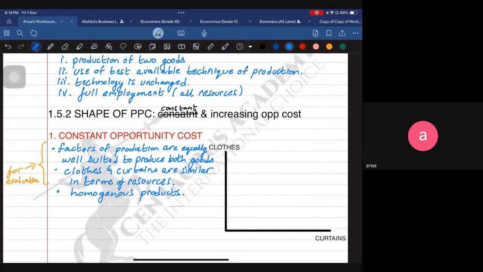So if we have the points one, two, three, four, five, six on each axis, I'm going to chalk out a line from six to six.